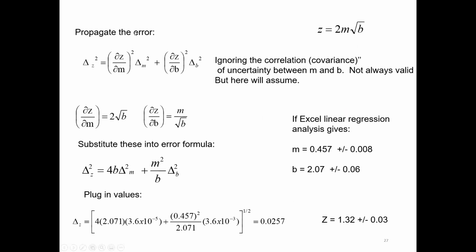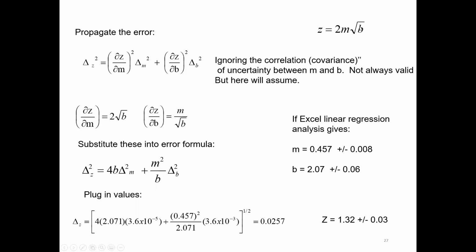So with this function, we use the equation just as before. And here, if we take the partial differential of m, there'll be 2 times the square root of b, right? And if we take the partial differential of b, remember the power of b in this case is 0.5, half, right?